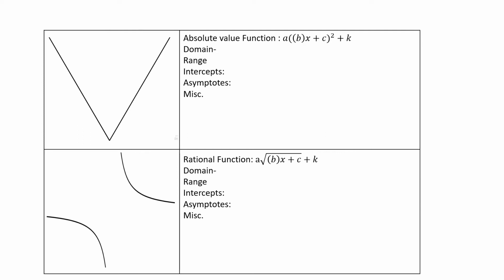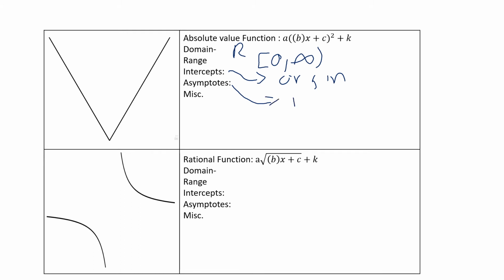The absolute value function domain is all the real numbers. And just like the quadratic, it has pretty much the same characteristics as the quadratic. Range: 0 to infinity. The intercepts: you say the origin.